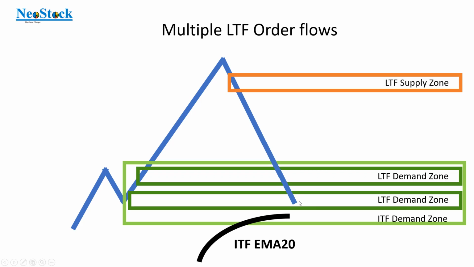And this time the second LTF zone will push the price up. We will see such a practical example in the practicals discussion. I will be showing you one such example that happened recently, during this last week.